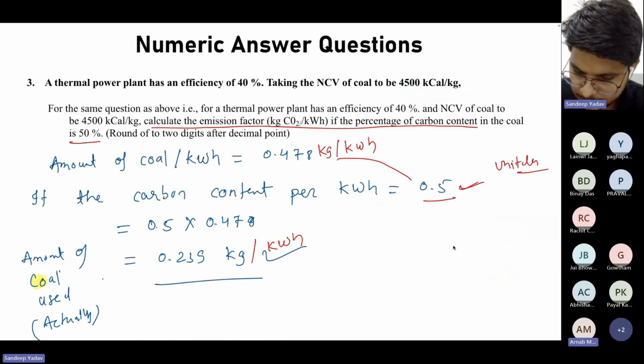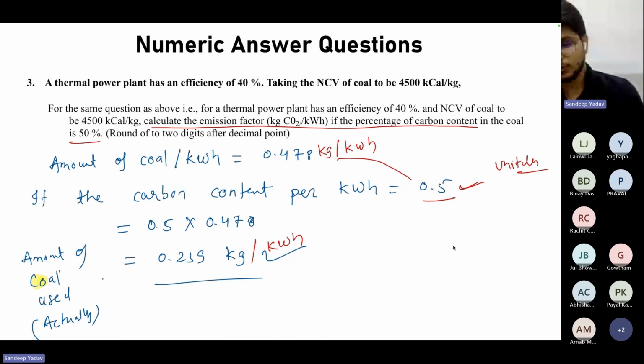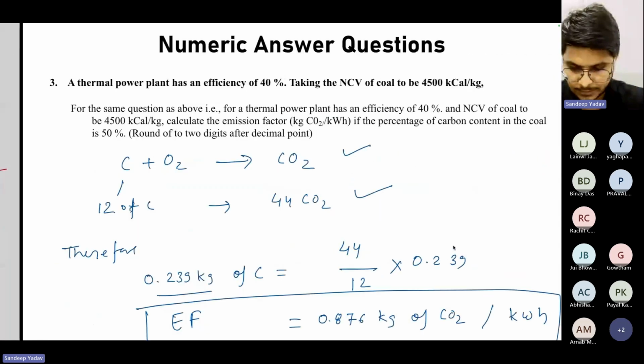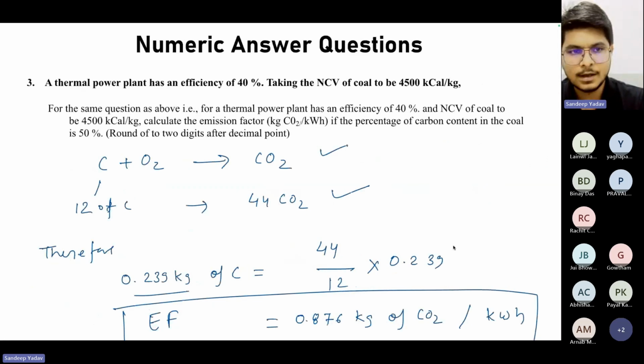Yes, I understand that, sir. So both, the amount of carbon emission and the amount of actual coal used, are the same now? No, that's not the thing. Carbon emission, the amount of CO2 being released to the environment, I have calculated in the advanced level one.